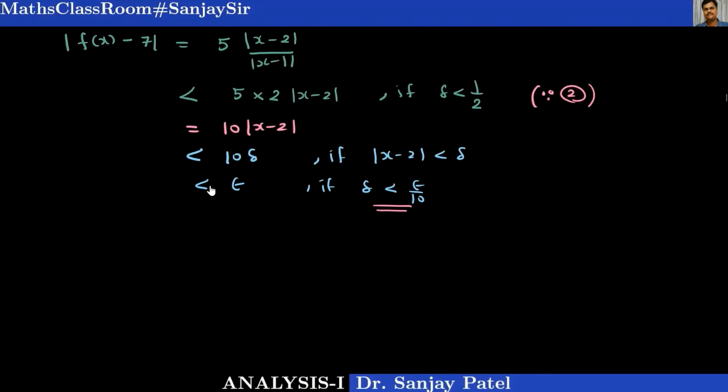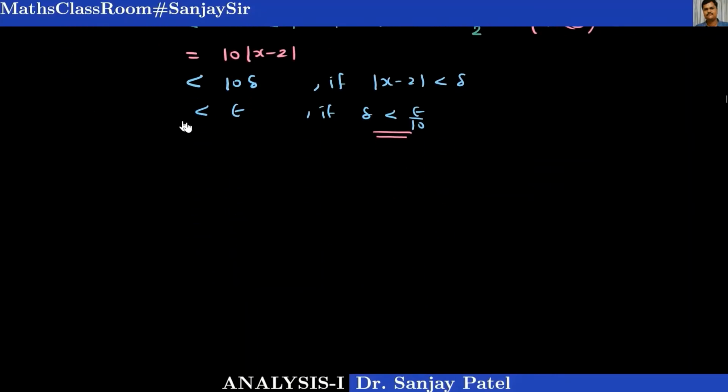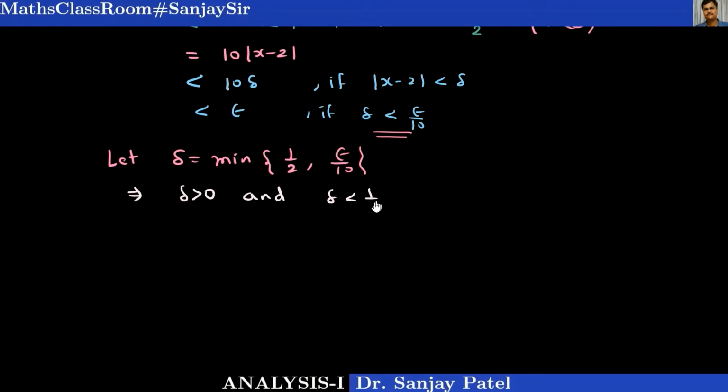Okay, so let me take delta is equal to minimum of, say, 1 by 2 and this epsilon by 10. If I take this, then two things follow: delta is positive, and also delta is less than 1 by 2 as well as delta is less than epsilon by 10. So this result and the previous one both hold true.